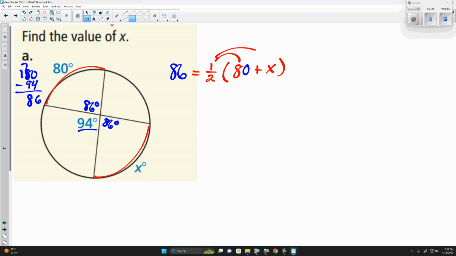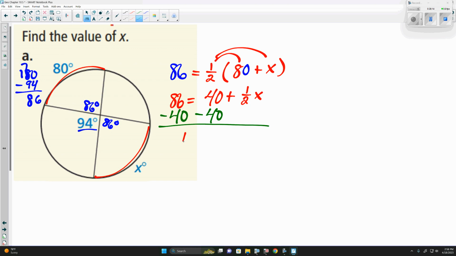So we can distribute the 1/2, which is going to tell us that 86 is equal to, well, 1/2 times 80, or half of 80 is 40, plus 1/2 X. Then we can subtract 40 from both sides, which tells us that 1/2 of X is equal to 46.